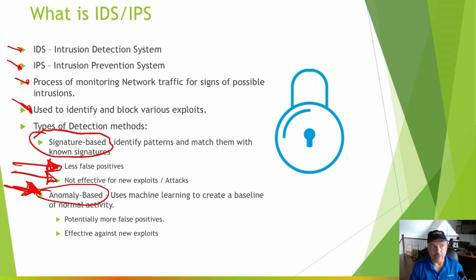So that's kind of cool. The advantage is that it's effective against these new types of exploits, because it knows your traffic patterns. The downside is that you could potentially have more false positives. So it's a trade-off between them both.